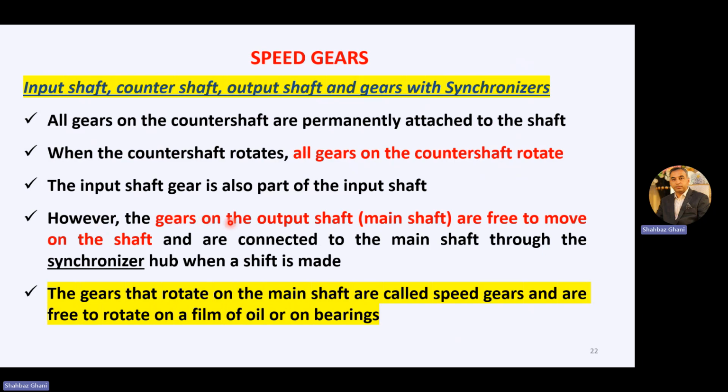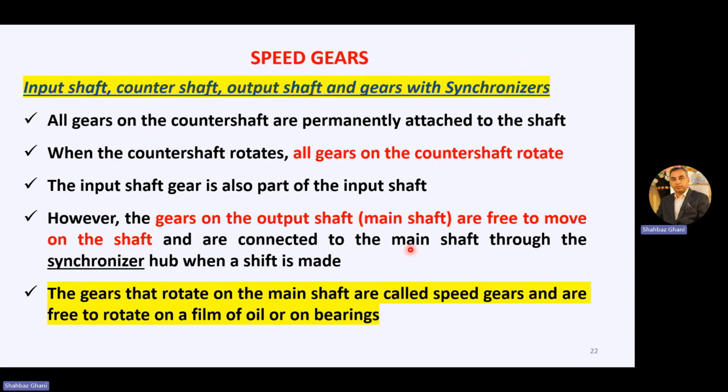However, the gears on the output shaft, the main shaft, are free to move on the shaft and are connected to the main shaft through the synchronizer hub when a shift is made. The input gear is a part of the input shaft, and the gears on the counter shaft are part of the counter shaft, permanently attached. But the gears on the main shaft are free to move on the shaft.